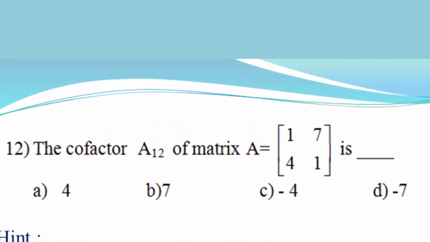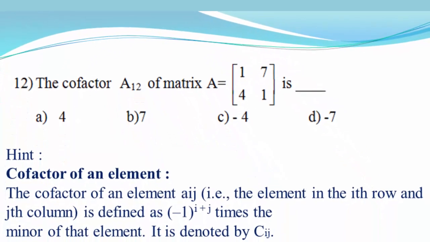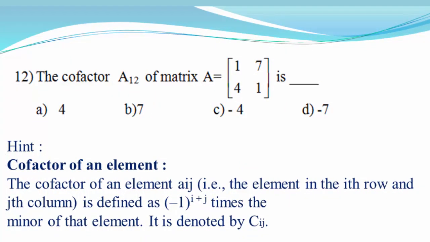Question number 12. The cofactor A12 of the matrix A, 1 7 4 1, of order 2 by 2 is. By the definition of a cofactor of an element, the cofactor of an element Aij, that is the element in the ith row and jth column, is defined as minus 1 raised to i plus j into Mij. That is, minus 1 raised to i plus j times the minor of that element. It is denoted by Cij or Aij.